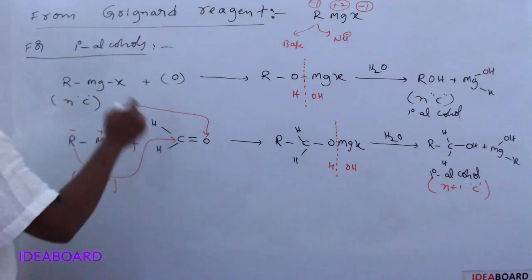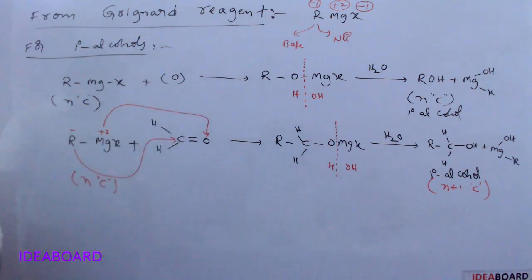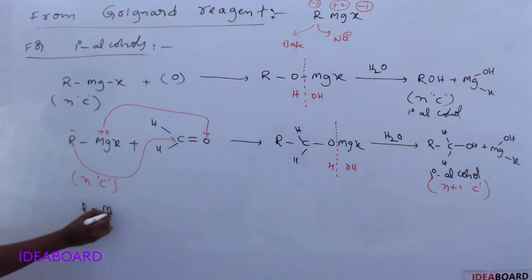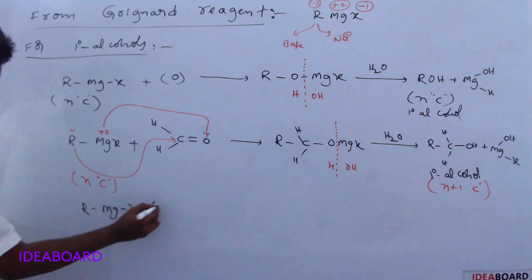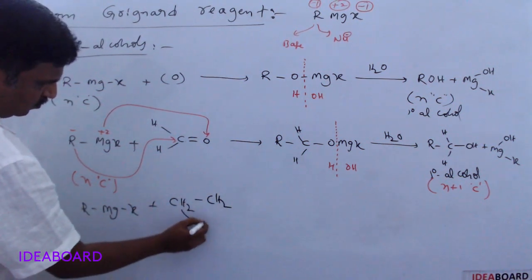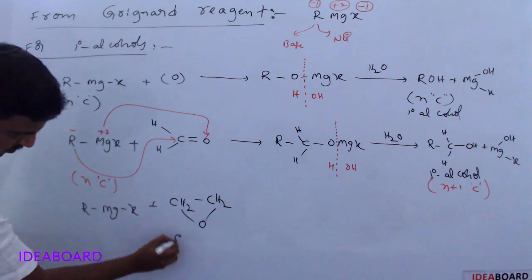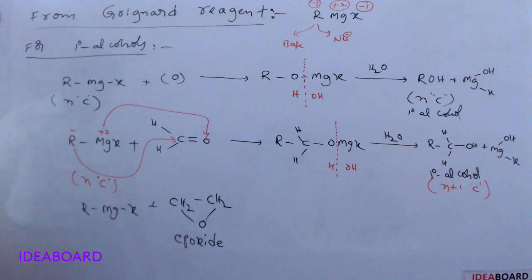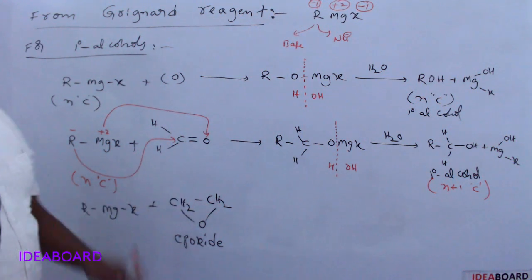So with formaldehyde, one carbon atom is added. Next, suppose we take the same RMgX reacting with CH2O, commonly called an epoxide. These are also called cyclic ethers.